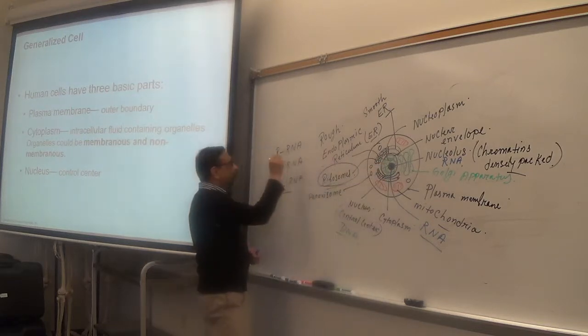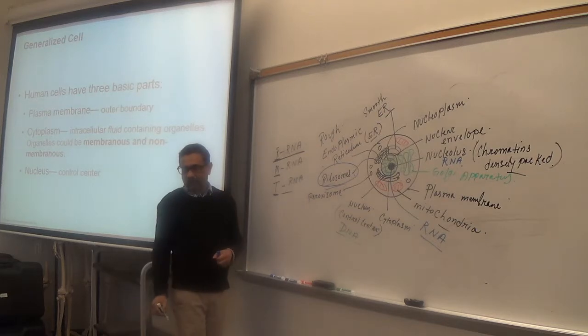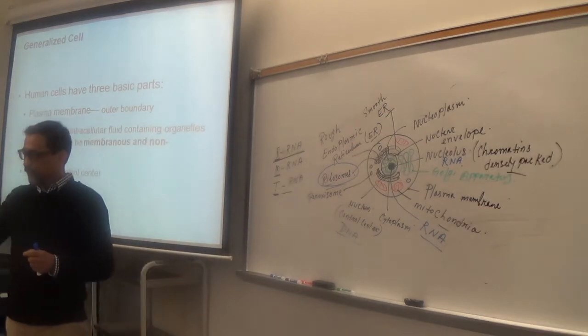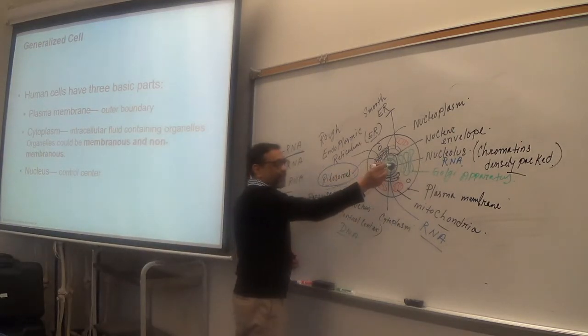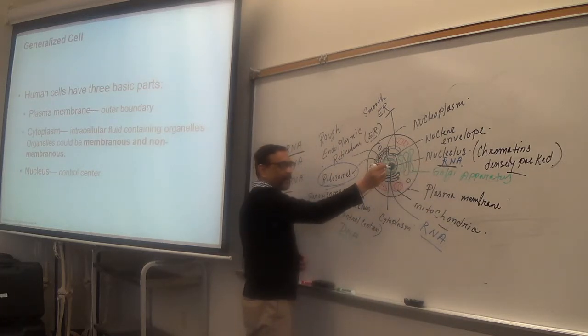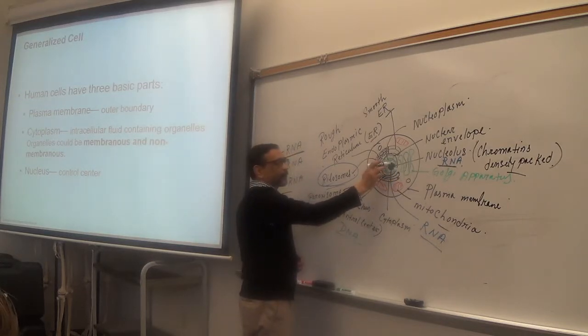Ribosomal RNA produces ribosomes. That's why it's called ribosomal RNA. So it produces the parts of ribosomes here, inside the nucleolus. Ribosomal RNA produces ribosomes, and those ribosomes come out through the nuclear pores.